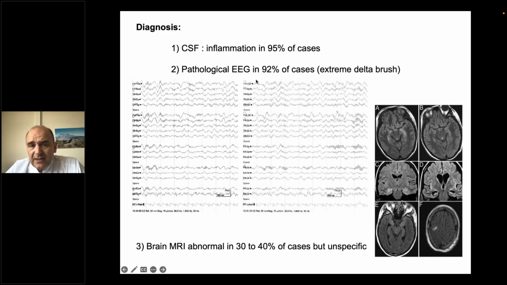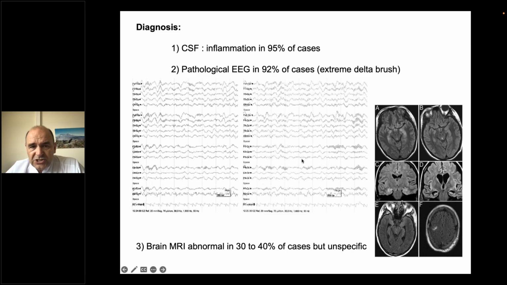The EEG is abnormal in a very high percentage of cases, but in most of the cases, it's not specific, with only slow waves and sometimes delta brush, that is quick spikes in slow waves.